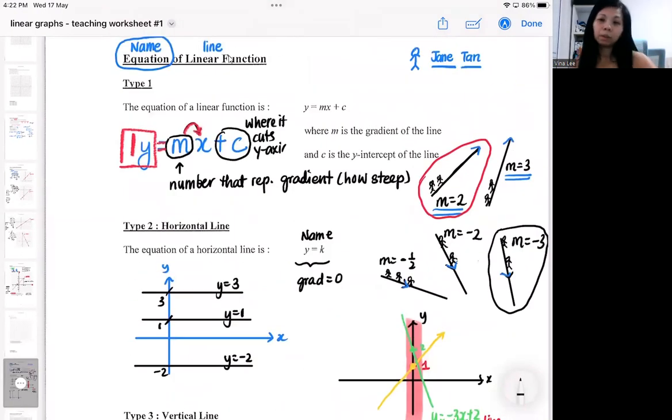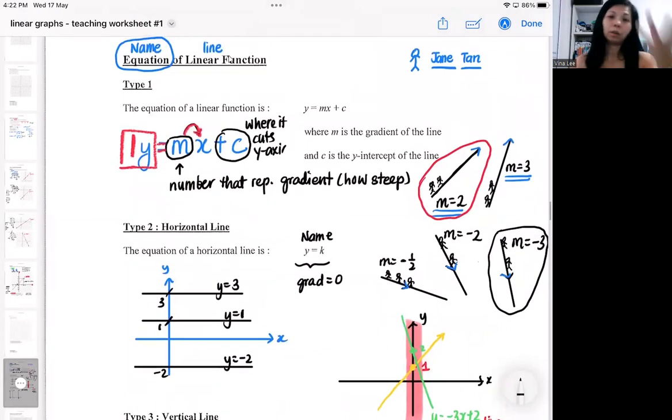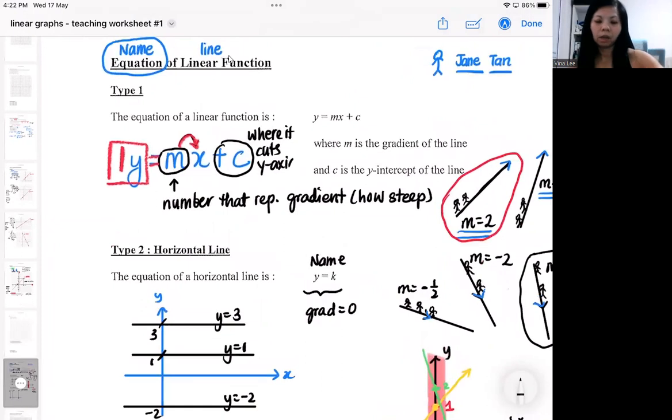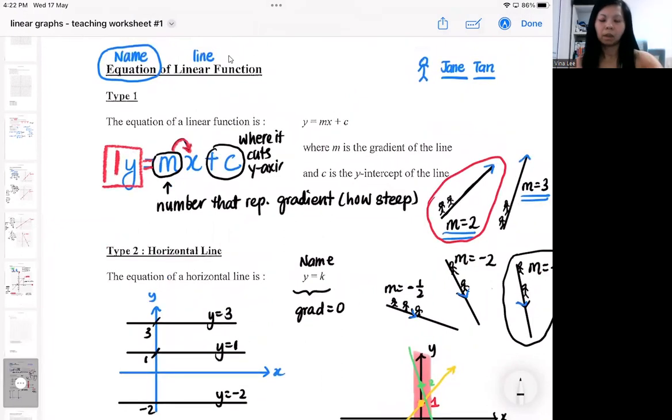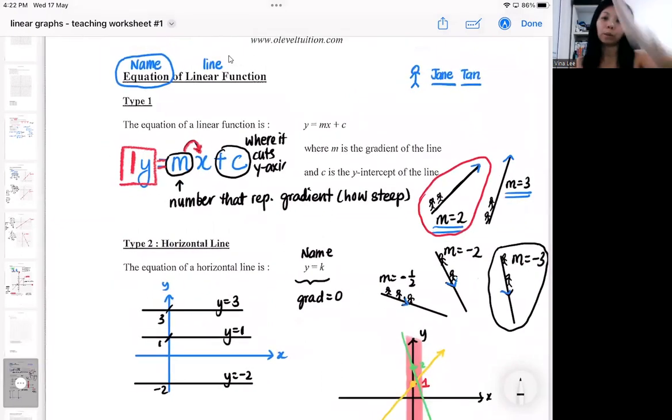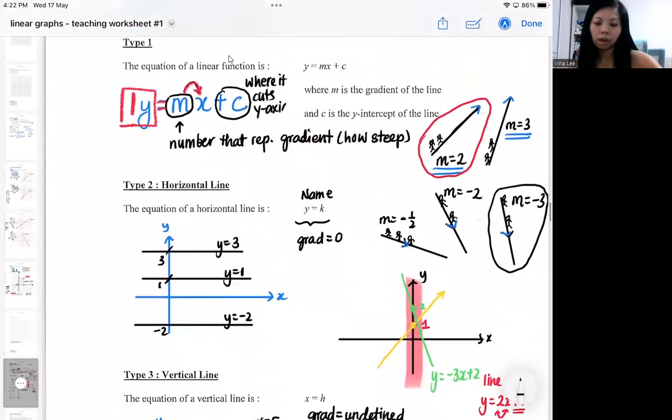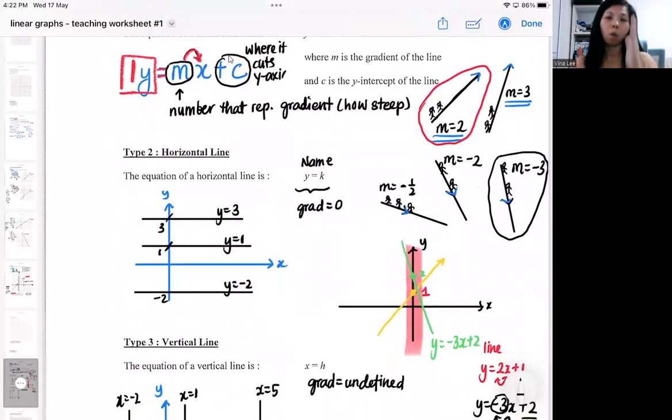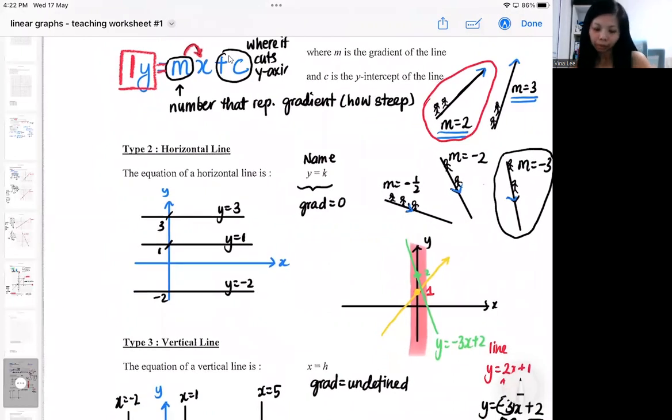So there are 3 types of equation, which is like 3 types of name. If it's the kind that is mx plus c, it gives us an idea of how we are going to fly. Are we going to be flying up or flying down? If it's a horizontal line, the name will be y equal to a number. The number will depend on where it cuts the axis.